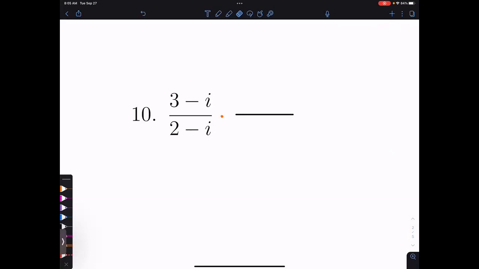Yeah, switch the sign, and the thing you pay attention to is the denominator, because the thing we're trying to avoid is having to divide by a complex number. So we're trying to get i out of the denominator. That means I need to focus on the denominator to start setting things up. So 2 plus i, if you do it there, you've got to do it top and bottom.